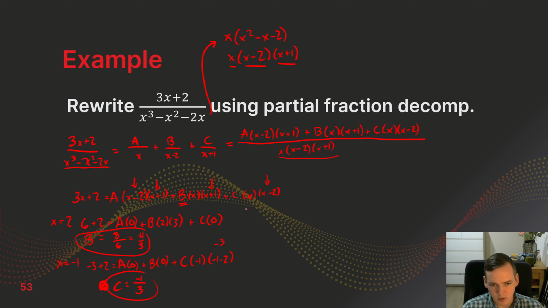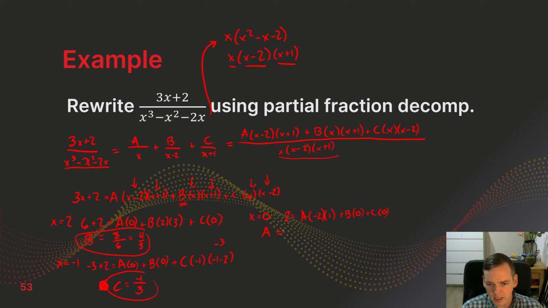And then we have to do one last number, picking x equal to 0 to cancel out these two. And that will give us 2 is equal to A times negative 2 times 1 plus B times 0 plus C times 0.